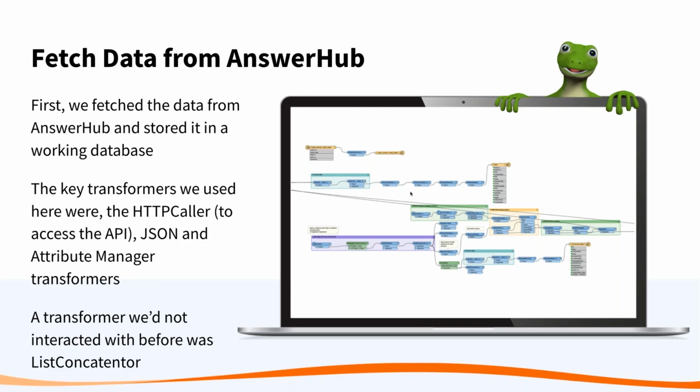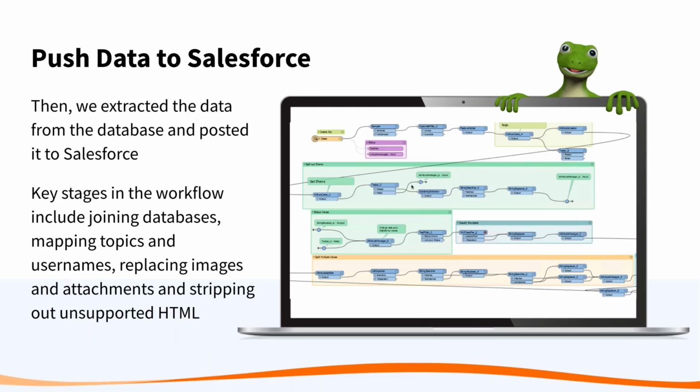So after that, we had to push our data into Salesforce. So this sounds really easy to do, but actually this was the most complicated part of our process because there's so many things we had to account for. Particularly, the hardest challenges we faced were replacing the images that were stored in the Knowledge Center and also stripping out unsupported HTML.